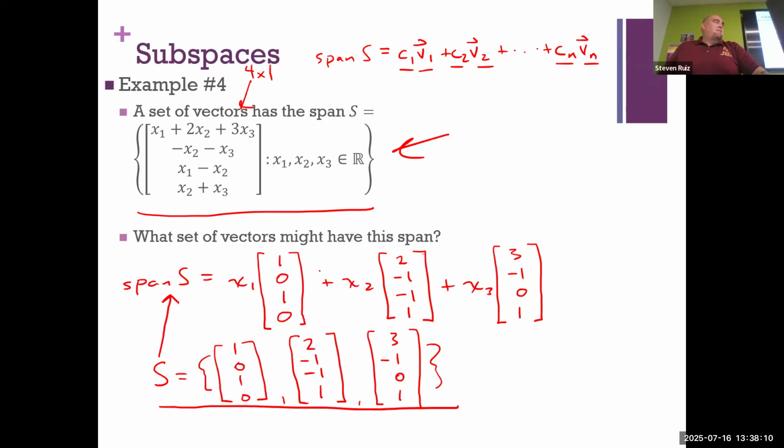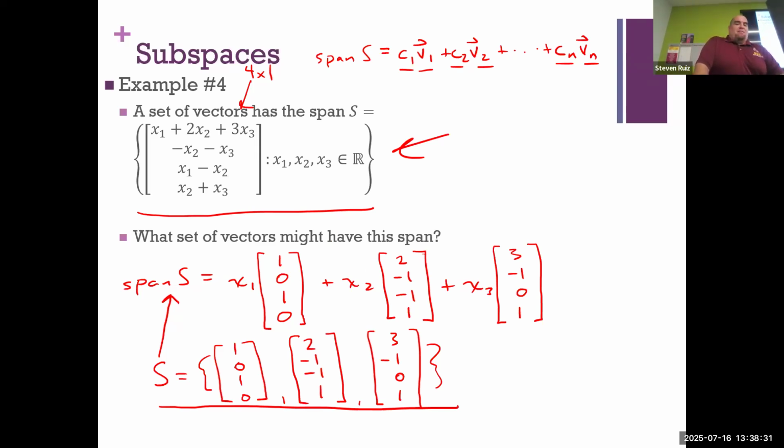How many is that? But what can x1, x2, and x3 be? Any real number. So that means there's an infinite number of things in the span. So the span is an uncountably infinite thing.